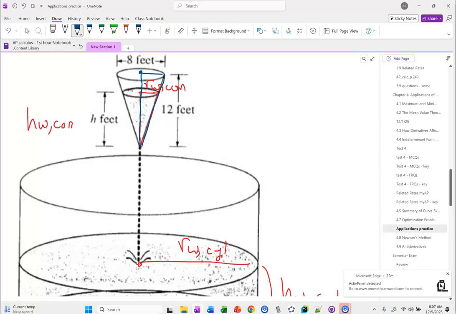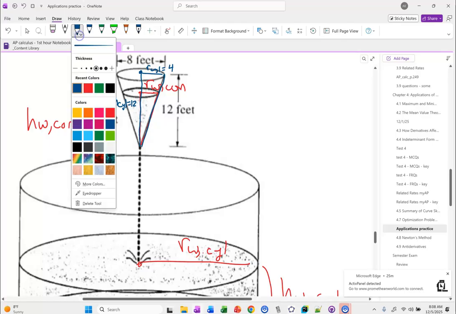What do we have? Similar triangles, right? So the height of my cylinder is 12, that's given to me, and the radius of that cylinder is 4, that's given to me.